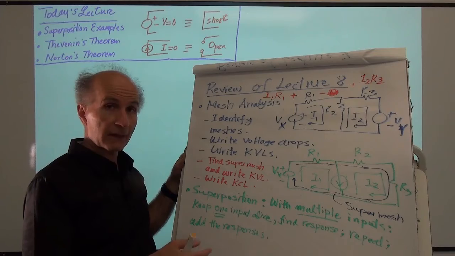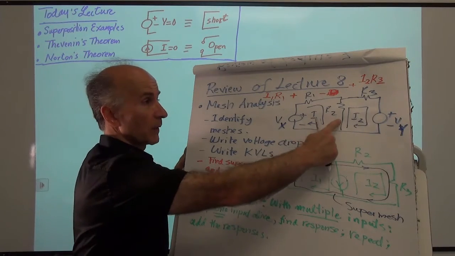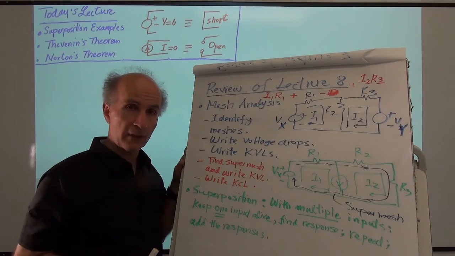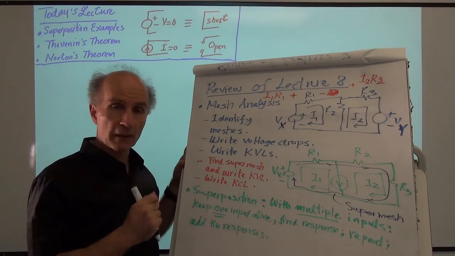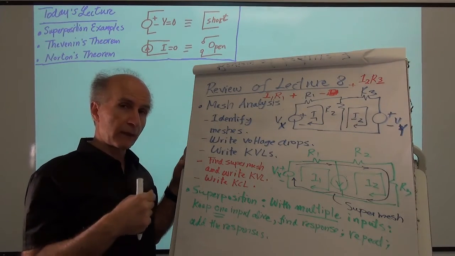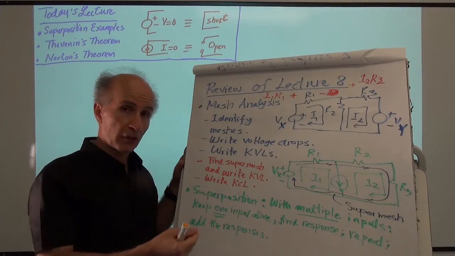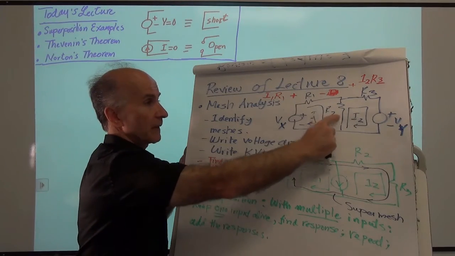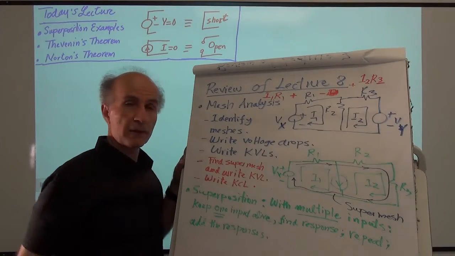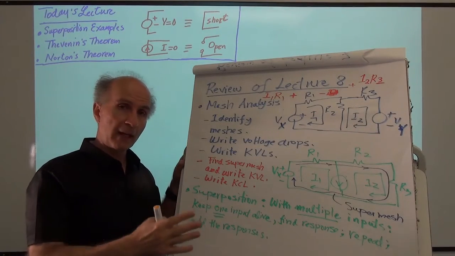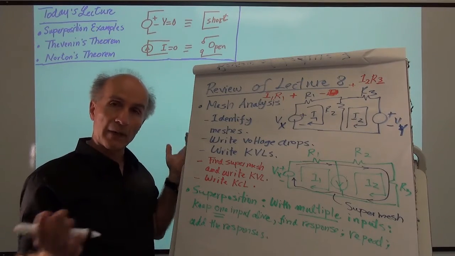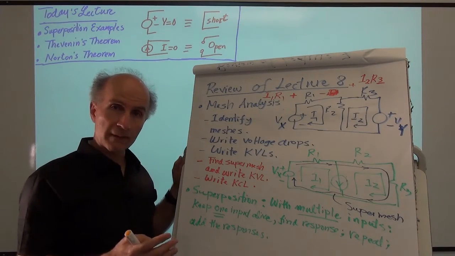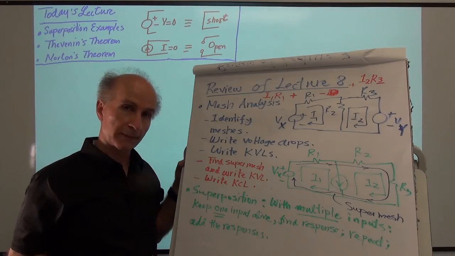For resistors that carry two currents, for example this one, we have to pay careful attention. Once we have the voltages written on the diagram, we go ahead and write one KVL per mesh. So we have a KVL around this loop, around this mesh. So if we have n meshes, we also end up with n KVLs, and those allow us to find the n currents, and then the circuit is solved.